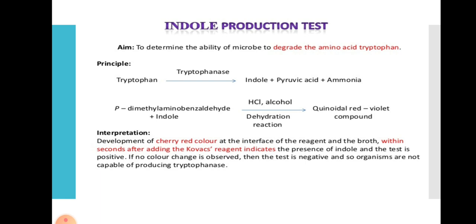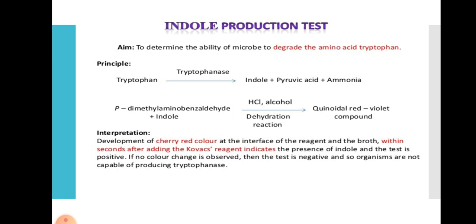So the reactions involved in this test are: tryptophan is degraded into indole, pyruvic acid, and amino acids by the enzyme produced by the microbes. The enzyme produced is tryptophanase.